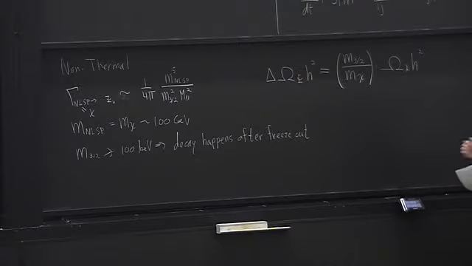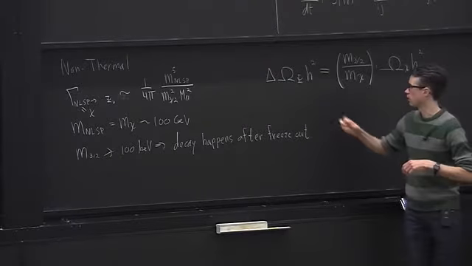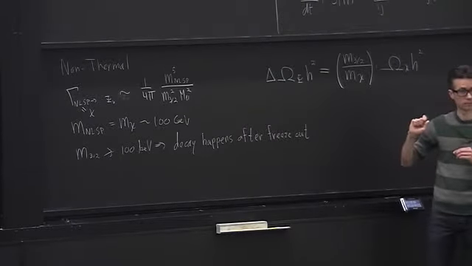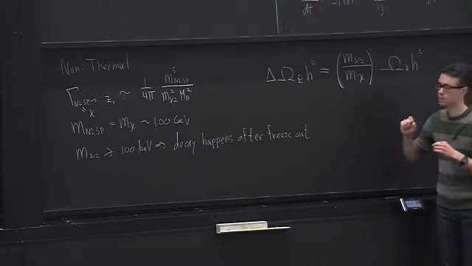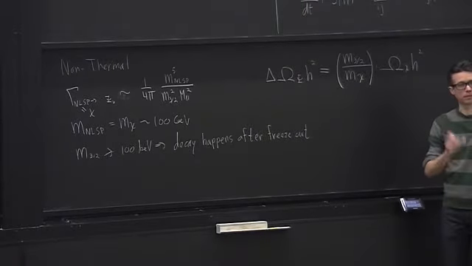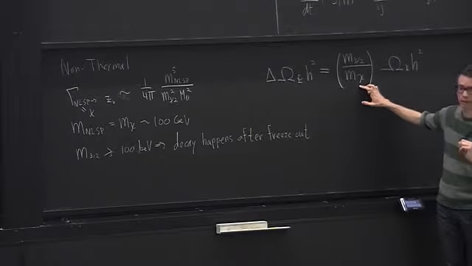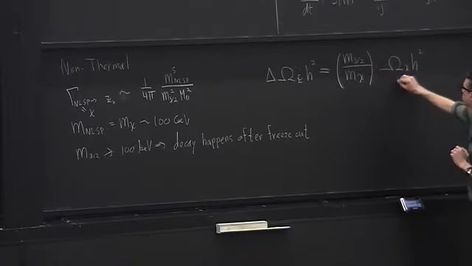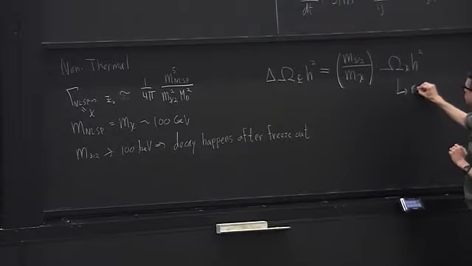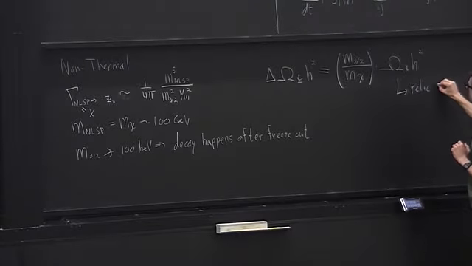So that means that the number density of the gravitino is going to match up to the number density of the NLSP before it decayed. But the contribution to the relic density, remember, is number density times mass. So because the gravitino is lighter than the NLSP, the χ, I get this factor. And this Ω_χ h² is the relic density that χ would have if it were stable.